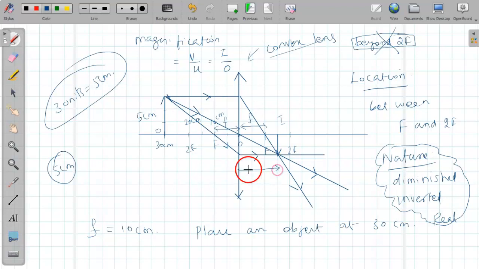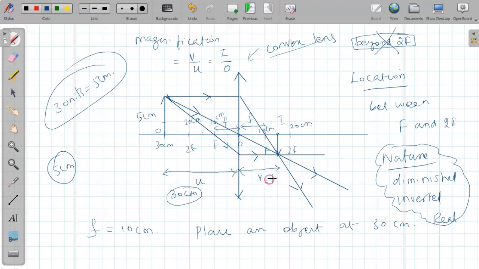So this distance is the object distance, U. So what you can do, you can follow the scale. Here the scale is 30 centimeter, from 0 to F is 10 centimeter, and here to here 20 centimeter. As it is located in between, it must be 15 centimeter. The image length is 15 centimeter.